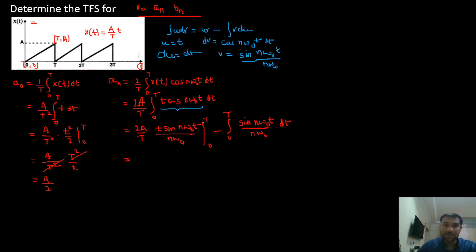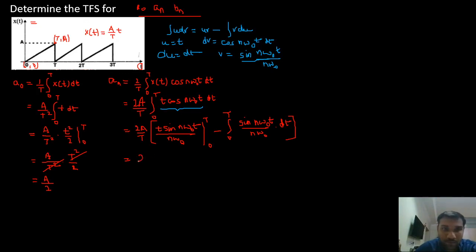Now let me substitute these limits here. This is all in the brackets, right? If I substitute t equal to capital T, omega is 2 pi by T. 2 pi by T into T is nothing but 2 pi. Sine 2n pi is 0. Sine 2n pi is always 0, right?